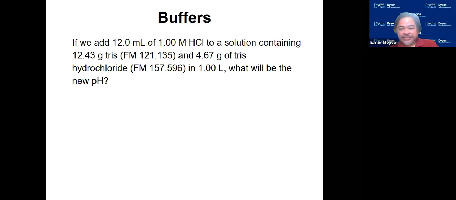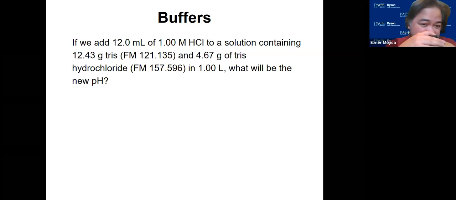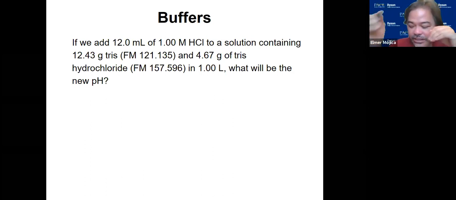So maybe the first thing that we're going to do is find the initial pH of your buffer before adding the 12 ml.